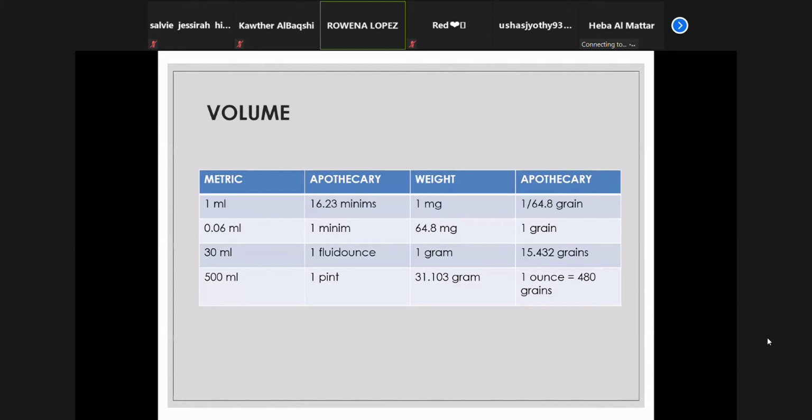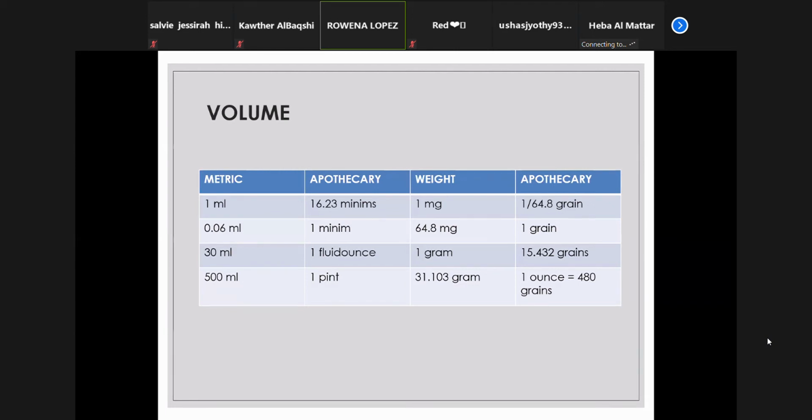If you say 1 ml in minims, it's 16.23 minims, and 0.06 ml is 1 minim, 30 ml is 1 fluid ounce, 500 ml is 1 pint. For the weight, 1 milligram is 1/64.8 grain. 64.8 milligrams is equivalent to 1 grain.